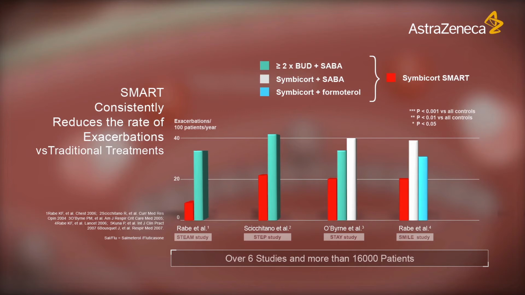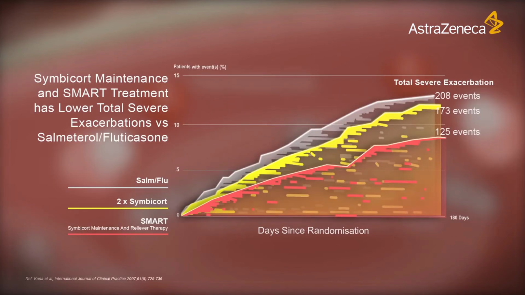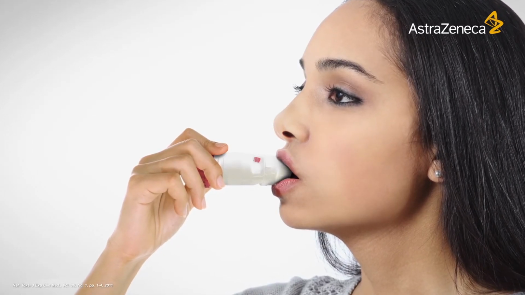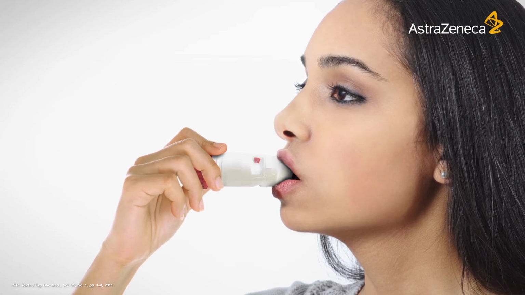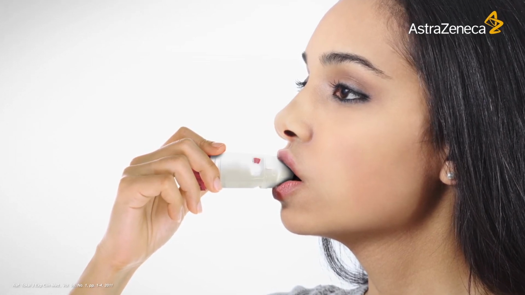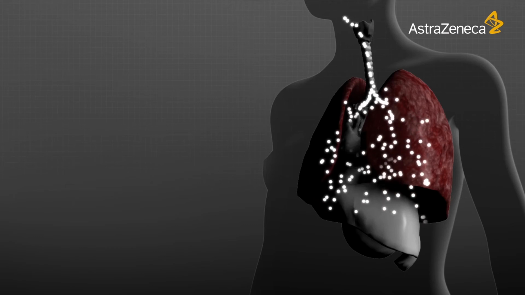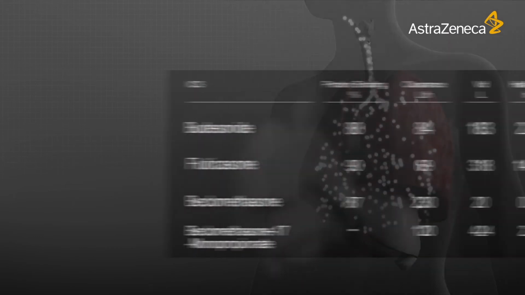Compared to other treatments, SMART approach has consistently reduced the rate of exacerbation compared to medium and high doses of fluticasone-salmeterol combination. Pharmacokinetic and pharmacodynamic properties of budesonide, fluticasone, and beclomethasone are distinct, and these differences may lead to different therapeutic outcomes.